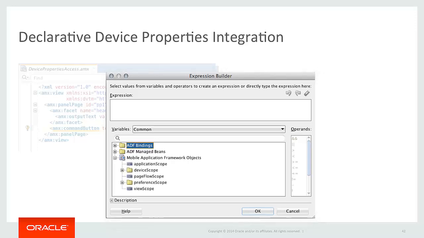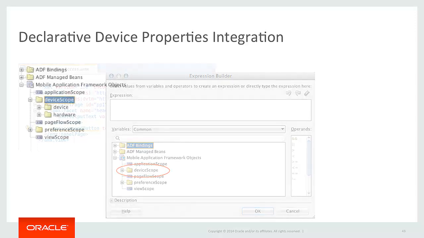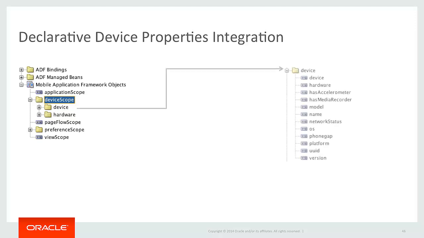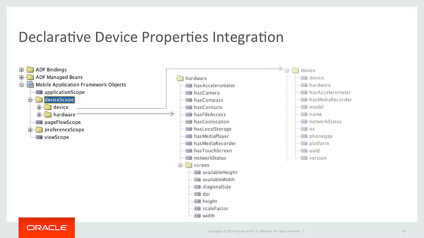If I go there, you see that there is a mobile application framework objects node. This node has the device properties accessible, and it's called device scope. You can expand this, and then you have different categories there. You have device categories, and you have a hardware or a screen capability.